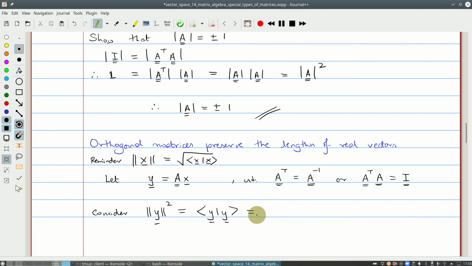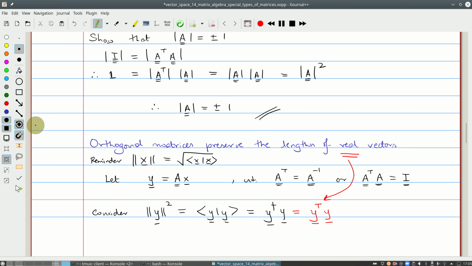And we know that this can be written as y dagger y. Now, because y is a real vector, so that's the important part here, we can write this as y transpose y, because for a real vector the dagger is the same as a transpose, because the complex conjugation doesn't do anything.